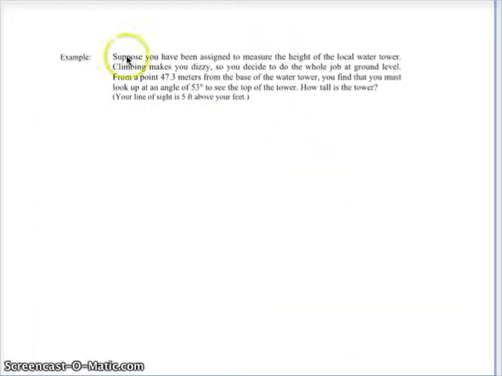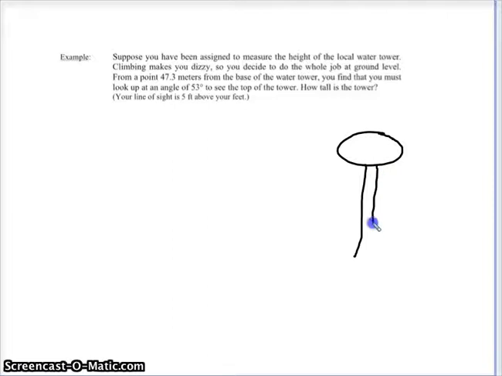Let's try another. In this example, we've been assigned to measure the height of a local water tower. Let's see if we can draw a water tower down here. Here's the water tank, and since we're in Worthington, we'll make this the Wotown Water Tower.